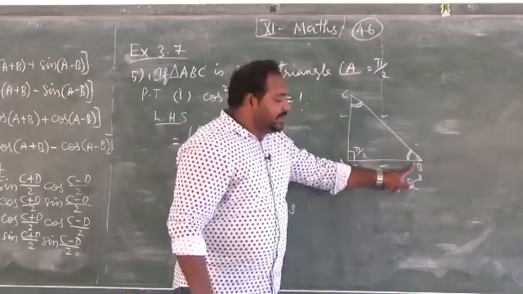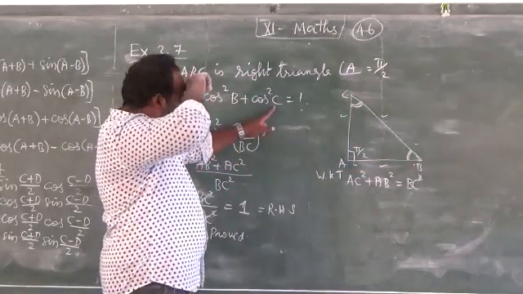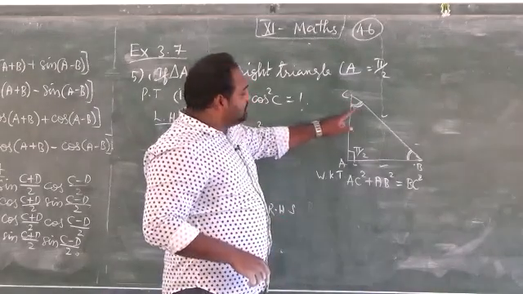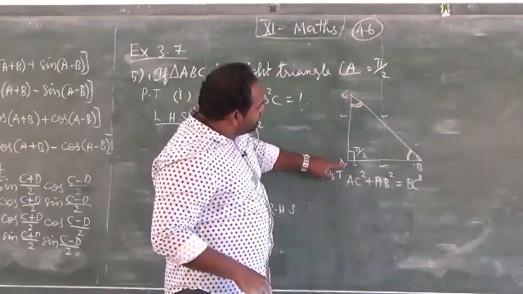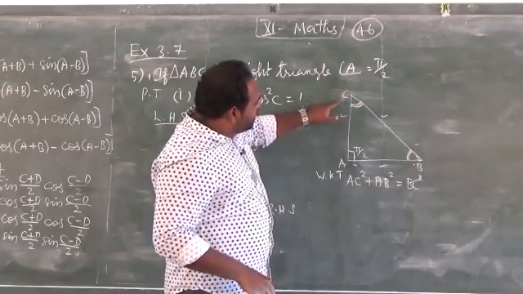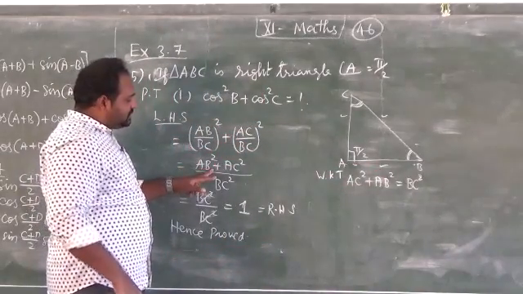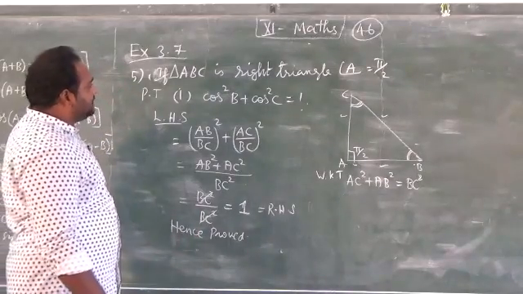Adjacent is AB side, hypotenuse is BC side. Cos square C. C as theta value. Cos function is adjacent, here adjacent is this one, hypotenuse this one. So adjacent is AC by BC, whole square. So after that, using Pythagoras theorem, numerator also will be BC square. So after cancellation, you will get 1, which is right hand side.